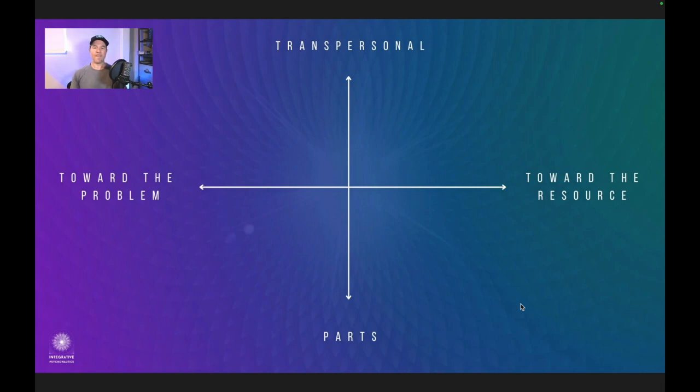Obviously, standard talk therapy has a certain approach and a certain focus and a certain bias, right? And that bias, generally speaking, is a framing or an underlying orientation towards pathology, towards problems, towards issues, towards that which is not healthy or that which is not working, right?